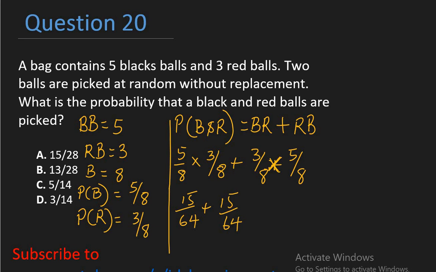Sorry, a slight mistake here. If the first ball is black with probability 5/8, the probability of the red has to be 3/7. So this has to be 3/7, and this has to be 3/7. Sorry for the mistake.